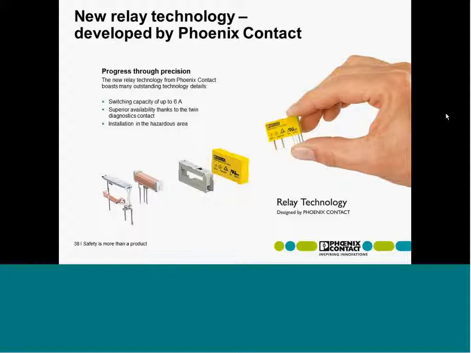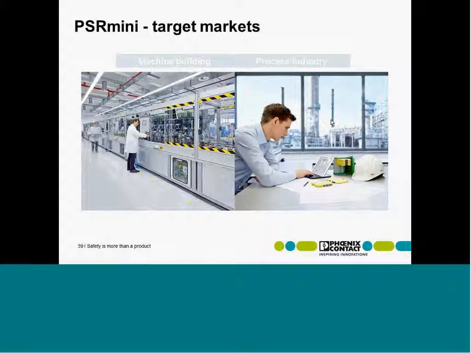And although it's a very small elementary relay, it has the same switching capacity as a classical relay. It is able to switch up to 6 amps and can be installed in explosive areas, so there's no limitation in comparison to existing classical relays. We are very proud of that. That's the unique thing we have achieved here.